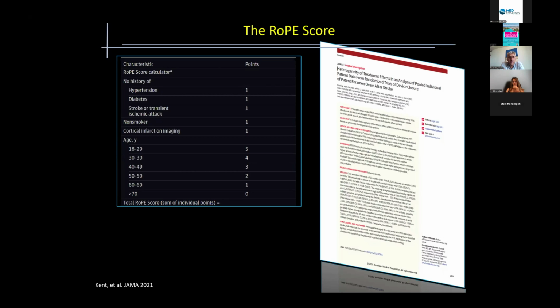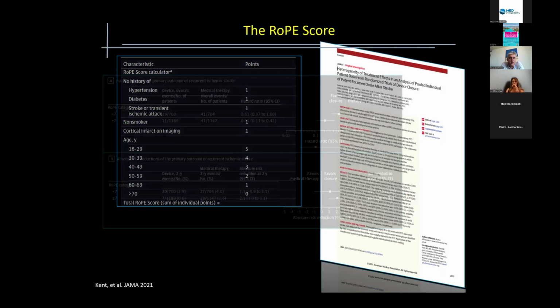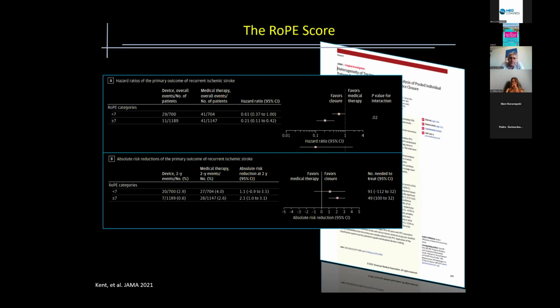On the other hand, if you have a patient who has several comorbidities, that is, the ROPE score is rather low, then you start having doubts that perhaps the PFO is not the answer to the question. Perhaps some other comorbidities might have been the cause of stroke. So the ROPE score of our patient can give us some clues whether this PFO might be causally associated or not.